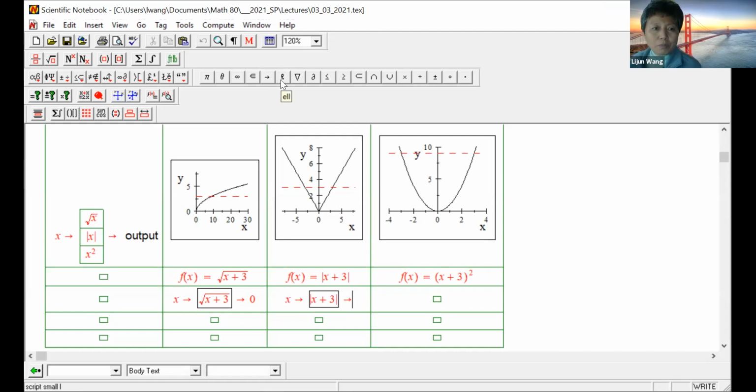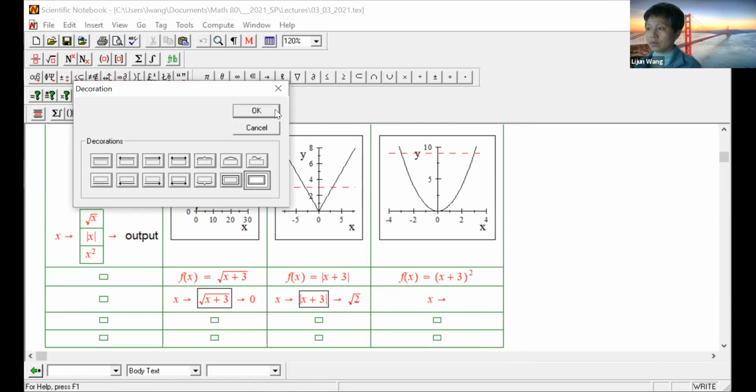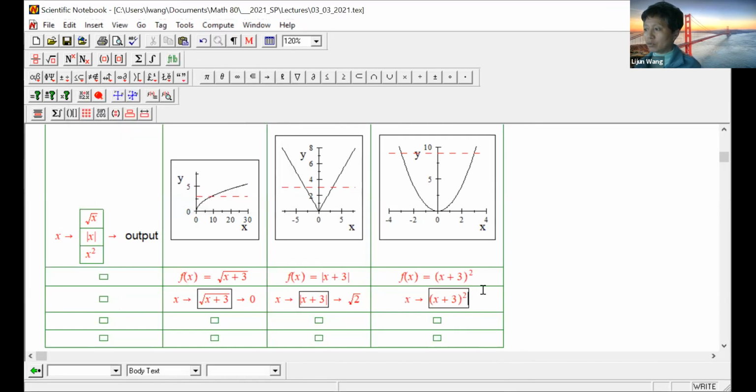We want the output to be, hold on, root 2, square root of 2. The last column, we still have these rules, but it's a slightly new rule, and the output is 5.